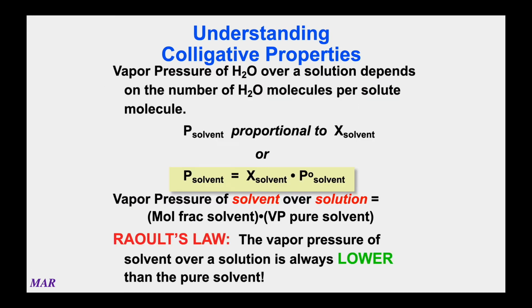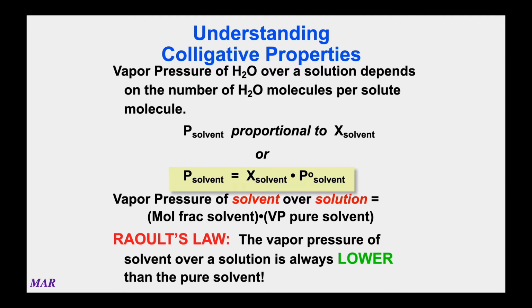This was studied for quite a while, and a guy named Raoult, and I hope I'm saying his name right, came around and realized that the mole fraction of the solvent is actually proportional to the vapor pressure of the solvent. Most of the time in these problems, water will be the solvent. Not always, but a lot of times.